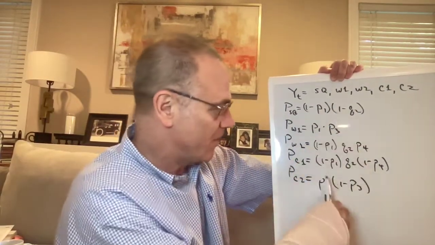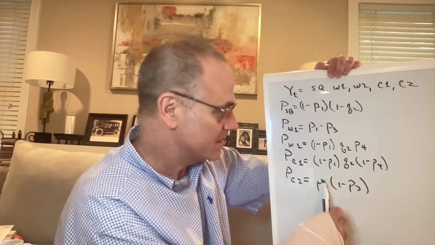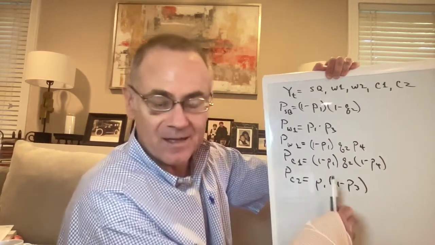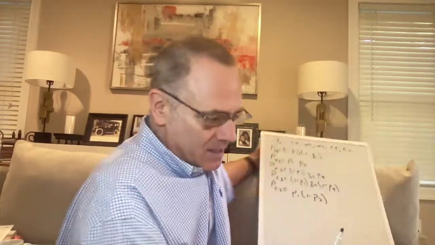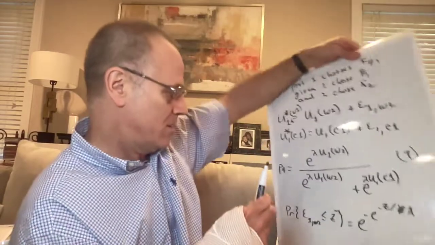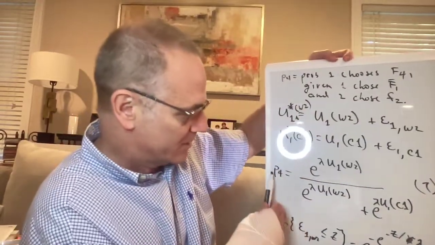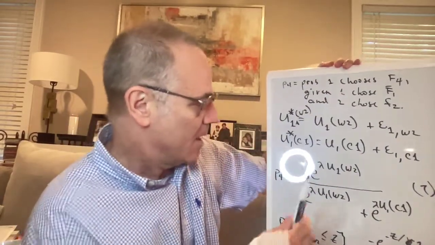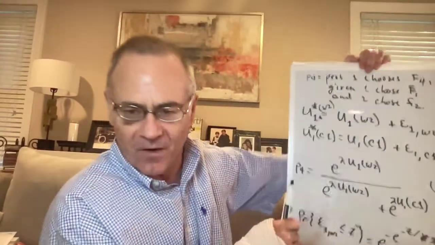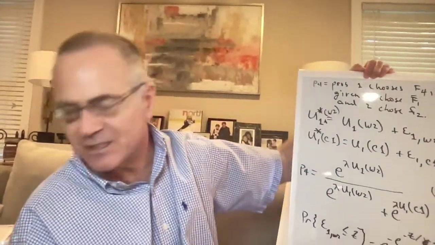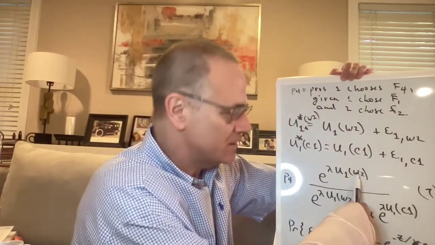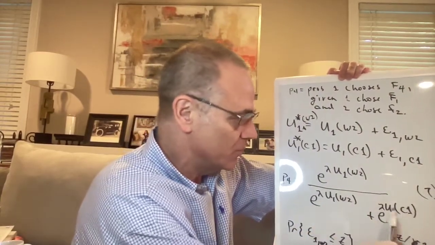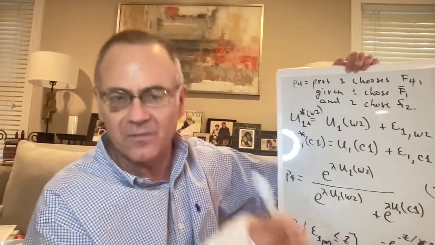It's going to be a function of just these P's and Q's, okay? Now, if you recall, for instance, here's P4. The idea so far is to suppose that we know all the utility functions, U1 of W2, U1 of C1, all of these.